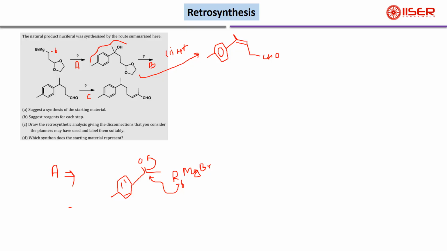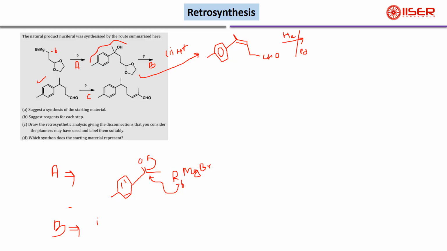In the next step, if you add a reducing agent, the double bond will be reduced and we will get this single bond compound. So what is our B? B is a combination of two reagents.